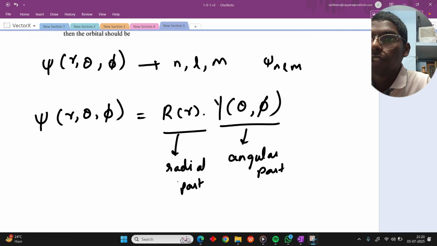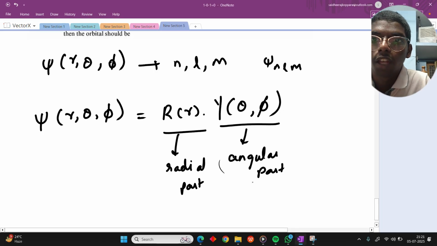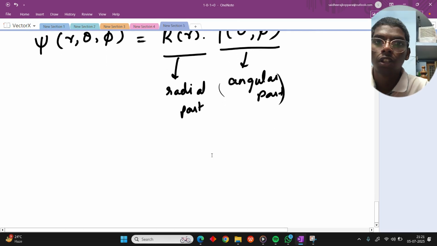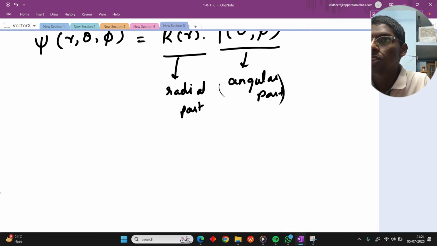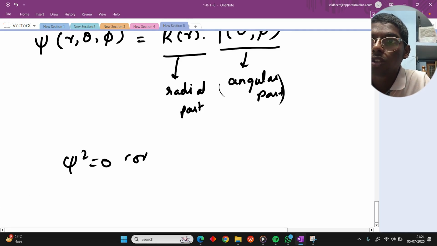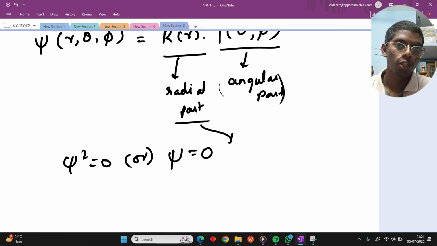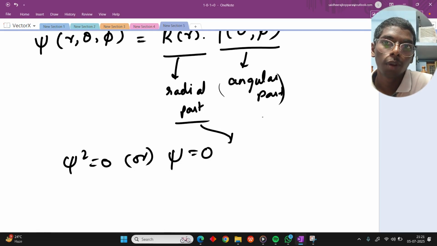Here you have this as your radial part and this as your angular part. Generally, to find the nodes, either psi square should be 0 or psi will be 0. The radial part completely depends on r, and the angular part completely depends on theta and phi.